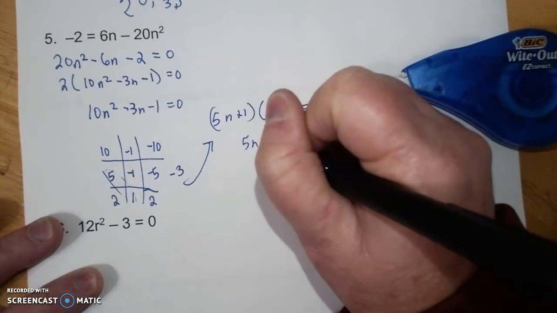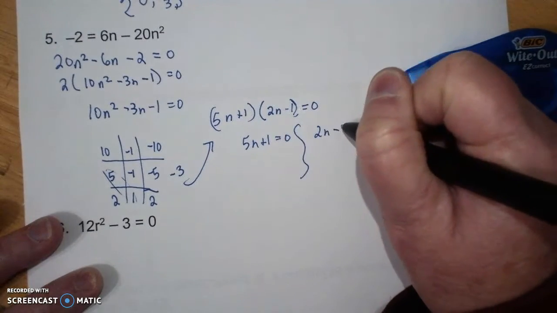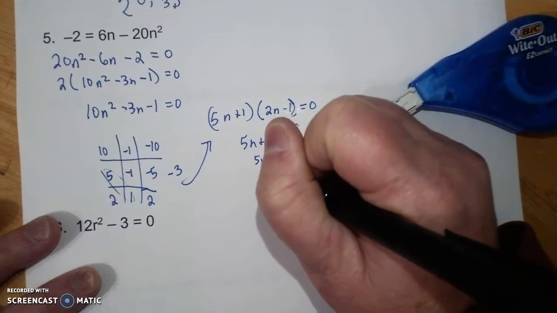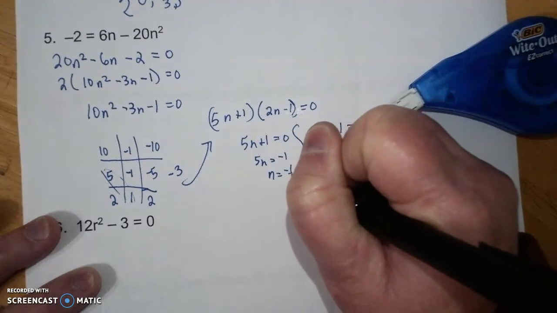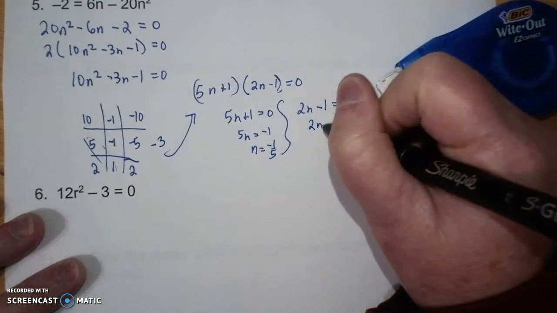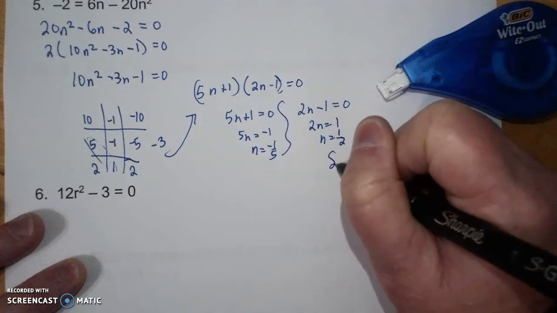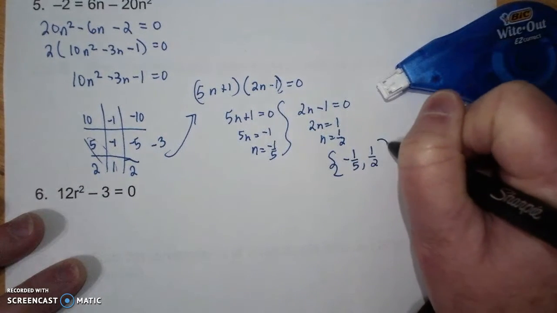Sorry, I wasn't paying attention. So 5n plus 1 is going to be set equal to 0, and 2n minus 1 is going to be set equal to 0. 5n equals negative 1, n equals negative 1/5. 2n equals 1, n equals 1/2. So my solution set is negative 1/5 and 1/2.